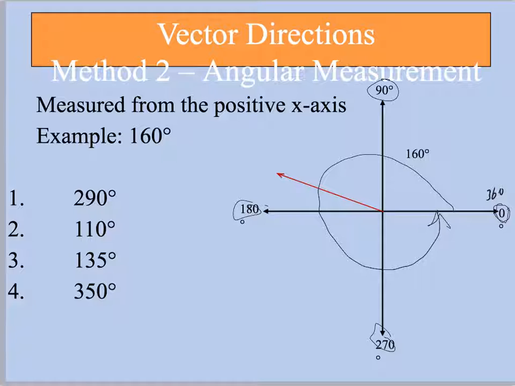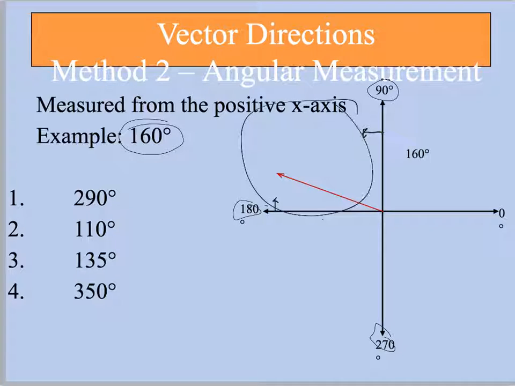So if we were going to figure out where 160 degrees is for an angular measurement, the first thing we would have to realize is it's going to be past 90 and before 180. So we know it's going to be in this quadrant here.